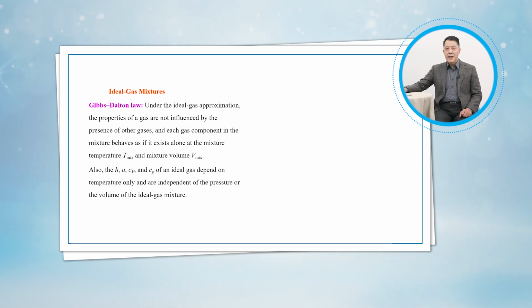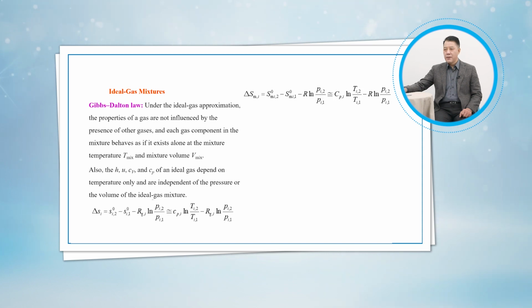Evaluation of delta U and delta H of the components of an ideal gas mixture during a process is relatively easy, since it requires only a knowledge of the initial and final temperatures.